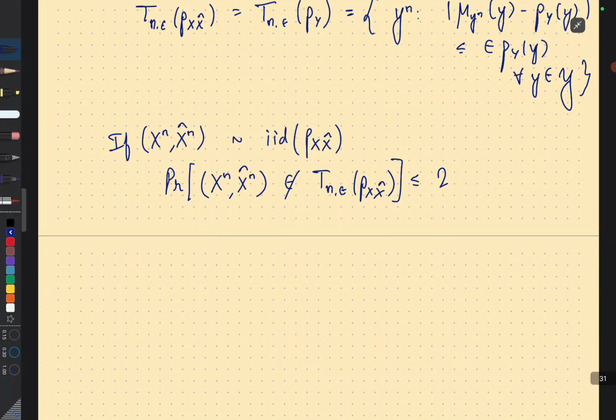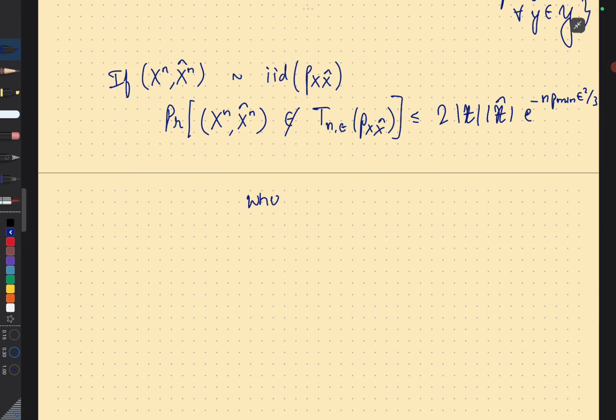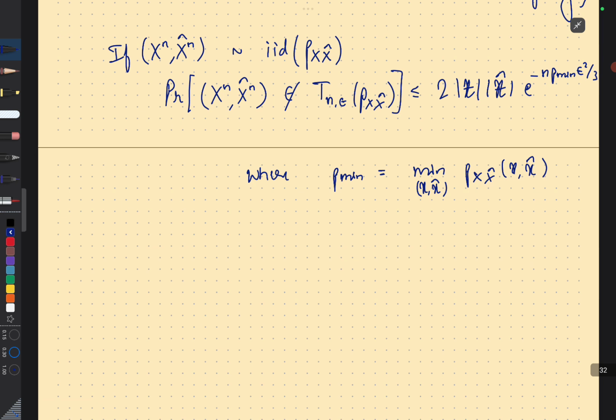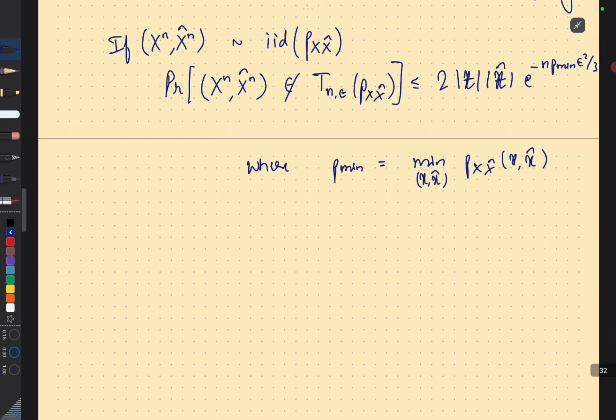So 2 times the cardinality of X cross X hat, which is just the product of the sizes of X and X hat, times e to the minus n times p min epsilon square divided by 3, where p min is equal to the min of P of x comma x hat. All right.